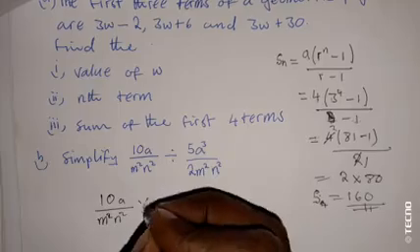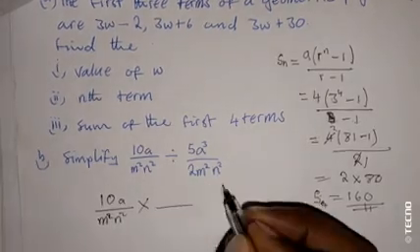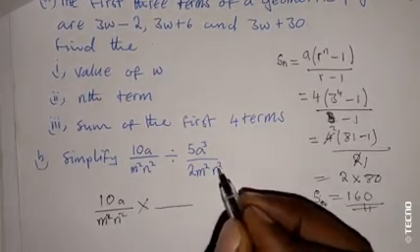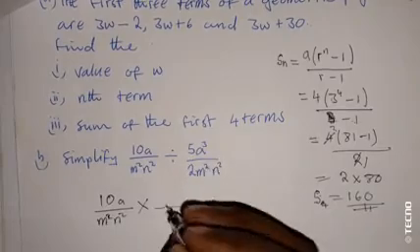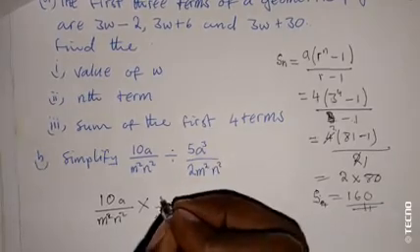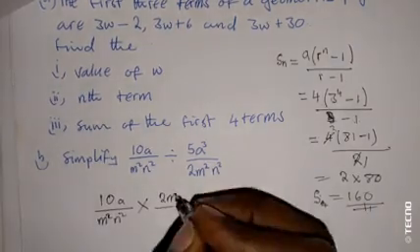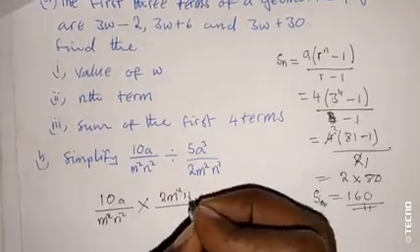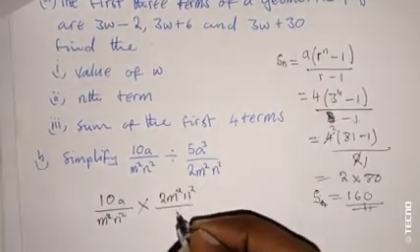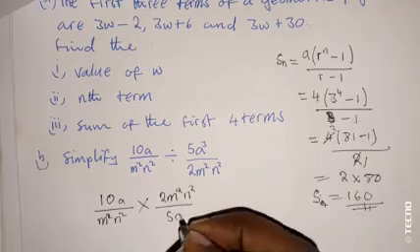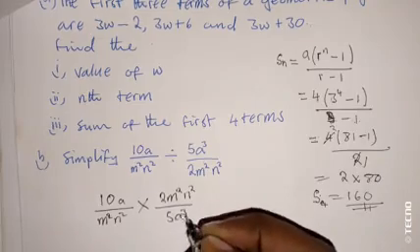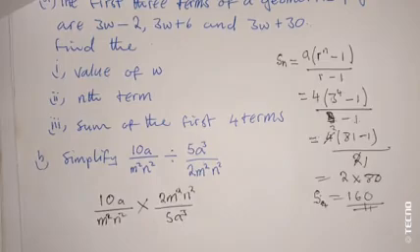Once you do like this, this denominator will become the numerator. So you simply interchange. So what you're going to have is 2m to the power 2, then n squared over 5a to the power 3. Okay, so this is what we are going to have.